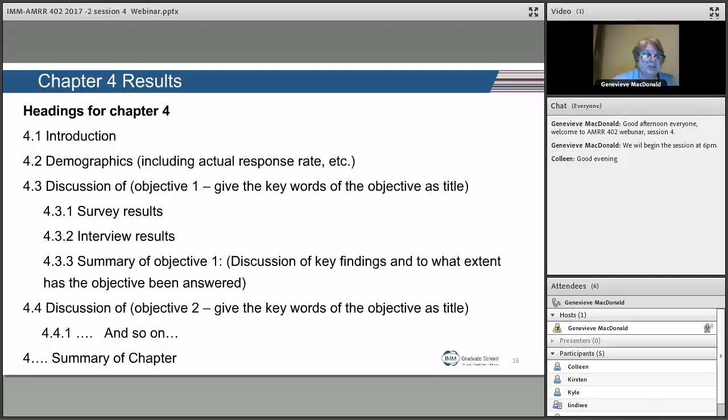And in the end you have the summary of the chapter, again where you say to what extent you have answered the various research objectives. And be honest, if you have not really gotten the correct data or sufficient data to answer that particular objective, be honest about it.